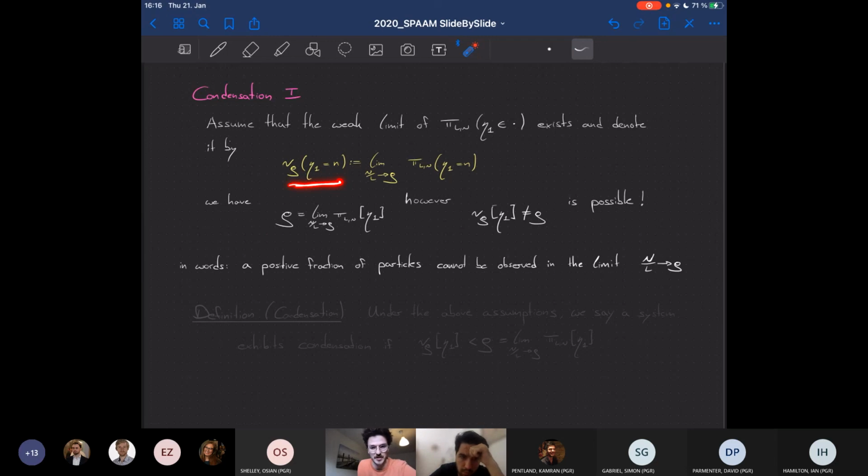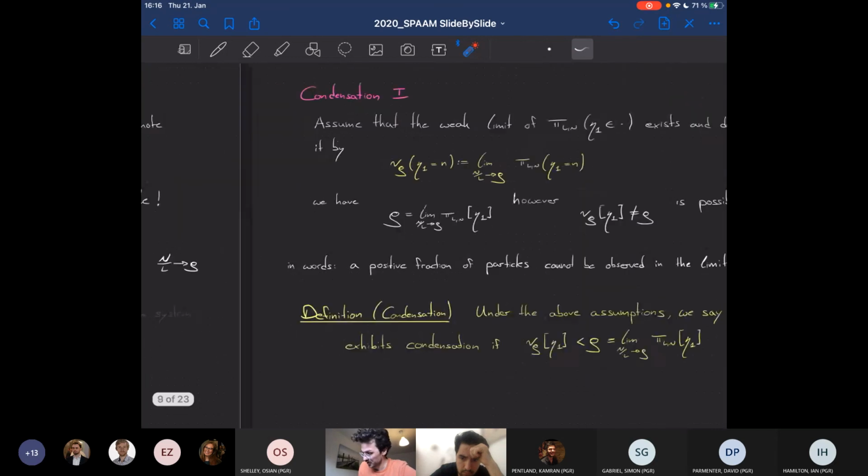You can just take the cutoff. So because they're also positive, they kind of need to diverge. So the occupation number actually needs to diverge in the limit. That means there are some sites with infinitely many particles on them. And this is basically what condensation means.